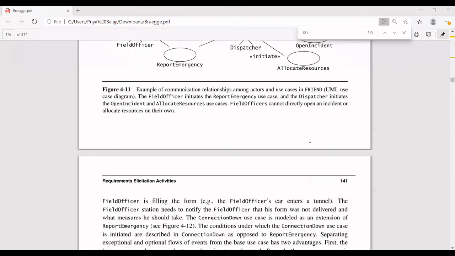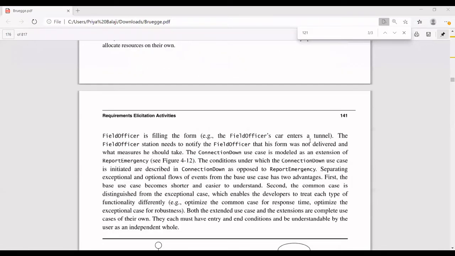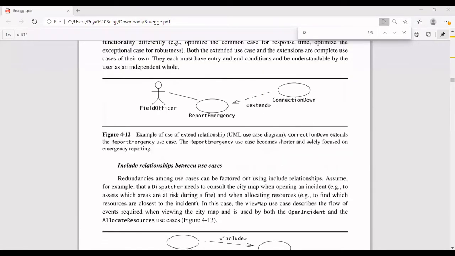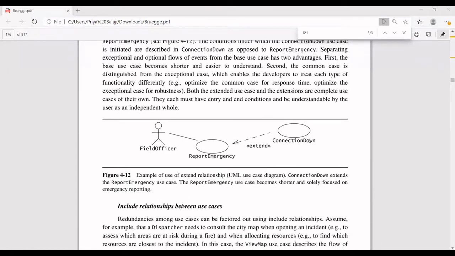And we already know what the extend relationship and the include relationship are. So what is an extend relationship? When a person is trying to report an emergency, suddenly the internet connection goes, or the battery is low on your mobile, or some problem happens inside the application. Immediately you need to get information like your connection is down, or your power is going down, or the application is not responding properly.